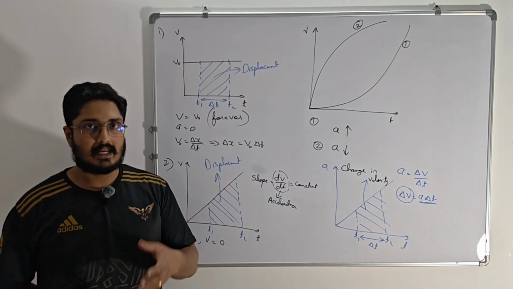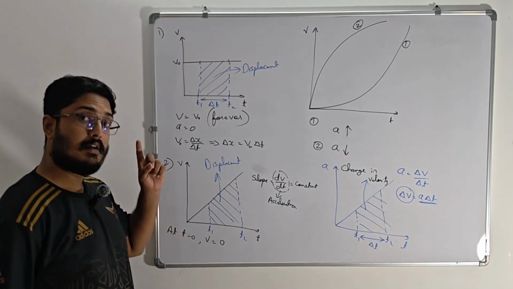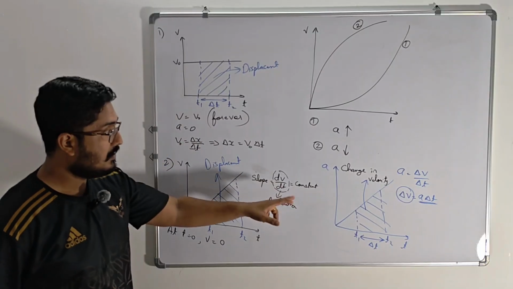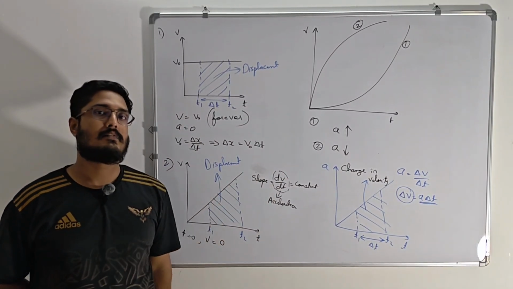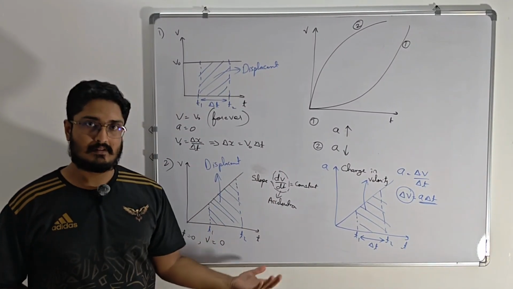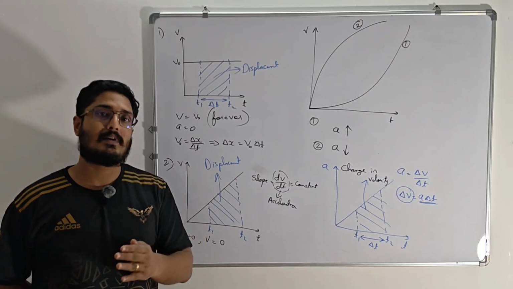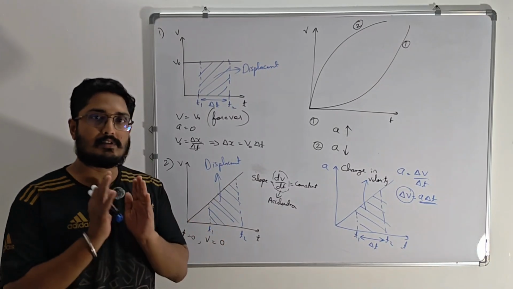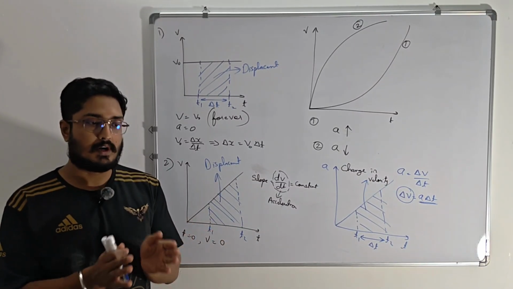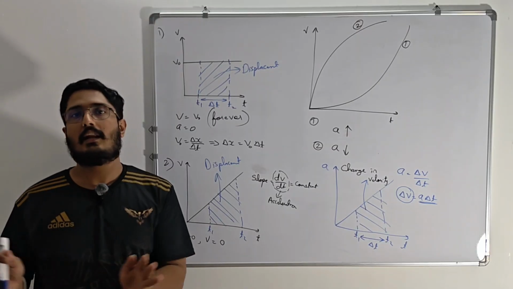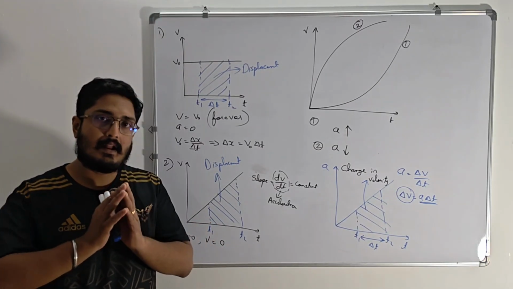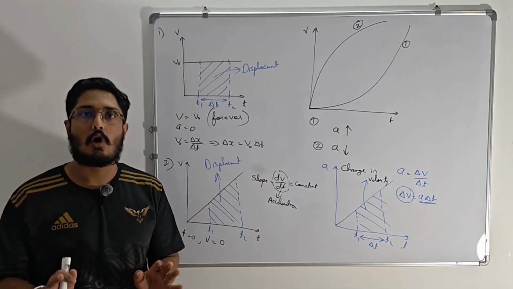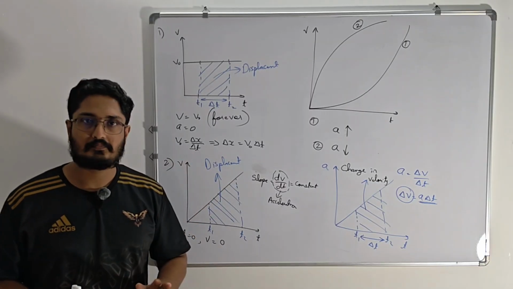But here, in velocity versus time and acceleration versus time, the area under the curve has meaning. So in whichever chapter we are, for graphs, you have to just identify these two things. What does the slope mean? What does the area mean? Using this, 99% of questions of our competitive exams we can pretty easily solve.